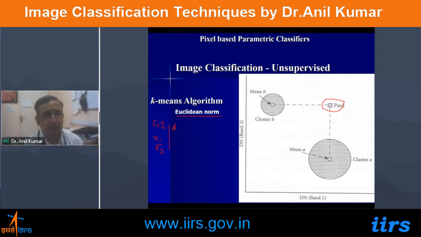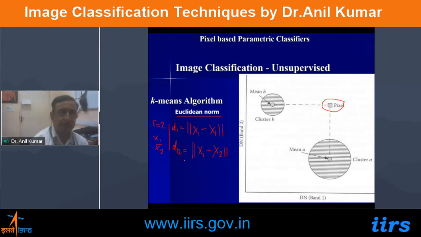Distance d11 is the mod of xi minus x1, and d12 will be xi minus x2.